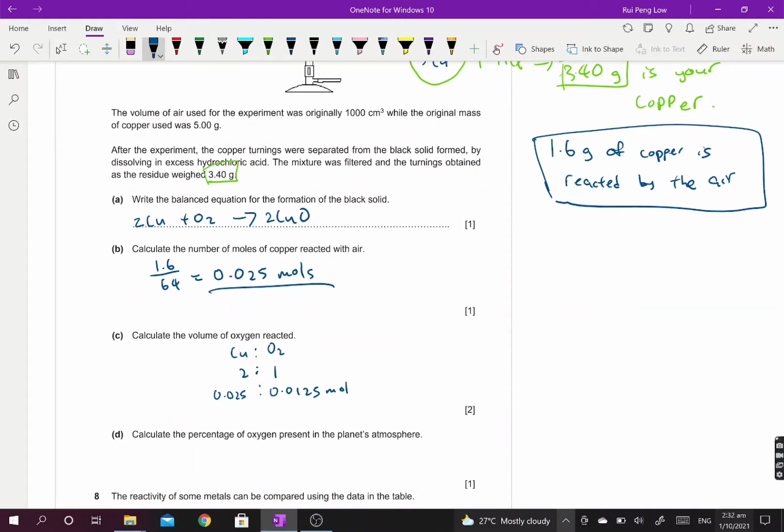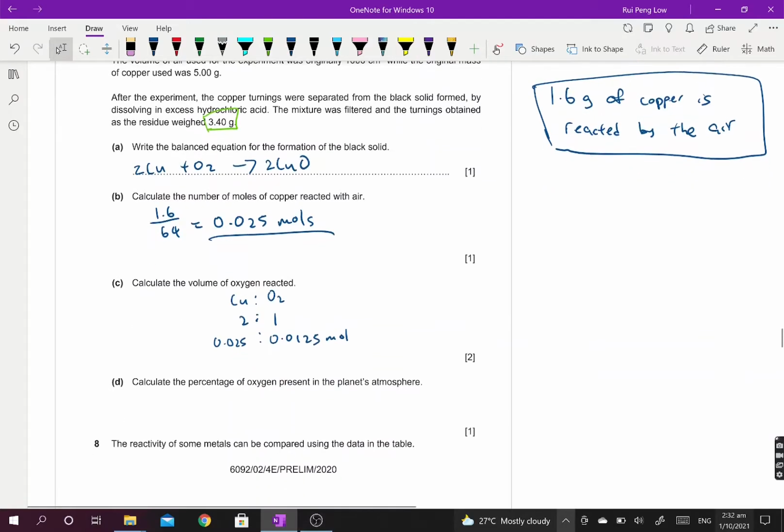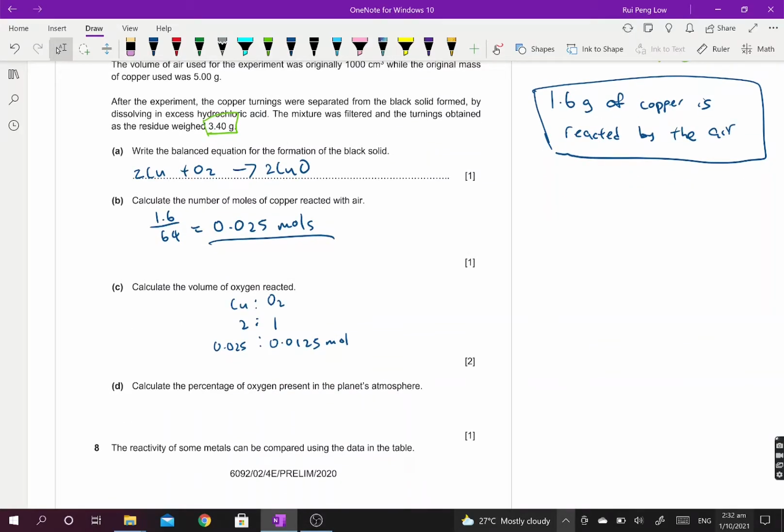And to find the volume, in this case, this question is not very good because it did not say whether it is at room temperature or not. But in this case we will assume.